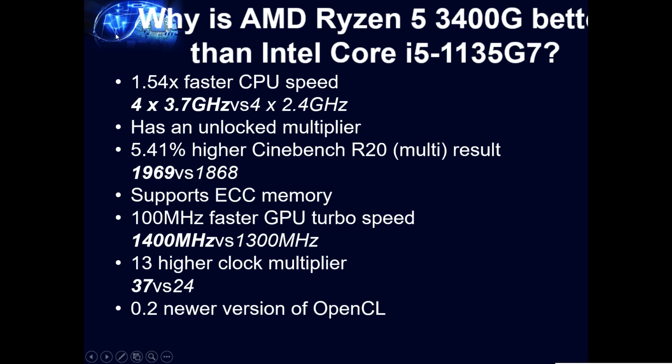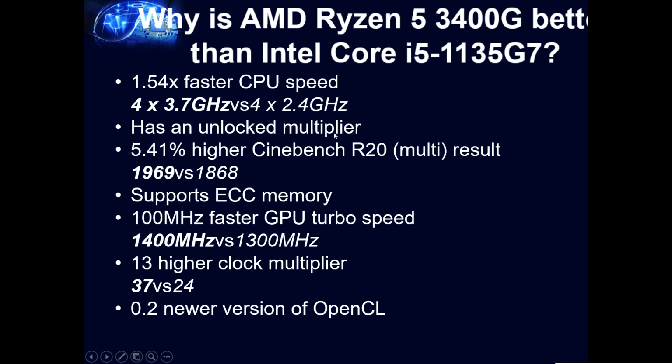So here's the question. Why is AMD Ryzen 5 3400G better than Intel Core i5-1135G7? 1.54x faster CPU speed, Ryzen 5 having 3.7 GHz, while Intel Core having only 2.4 GHz.